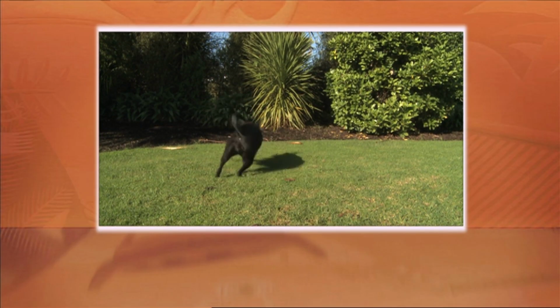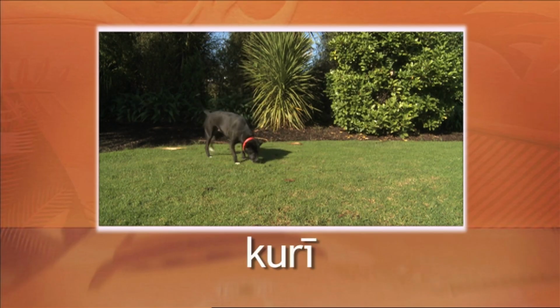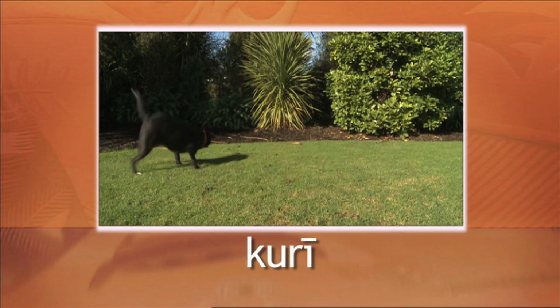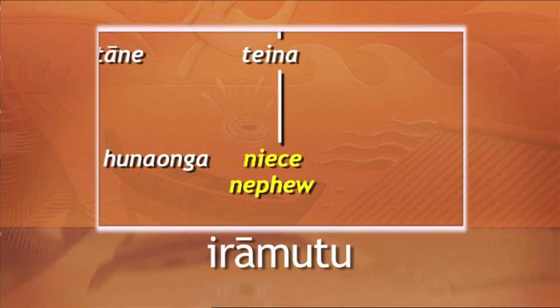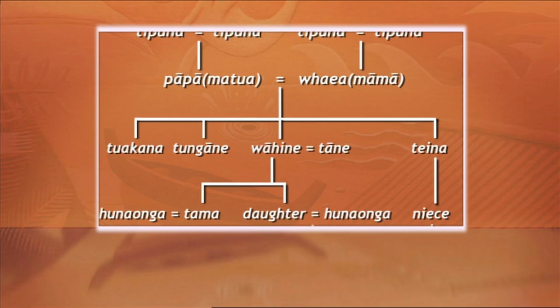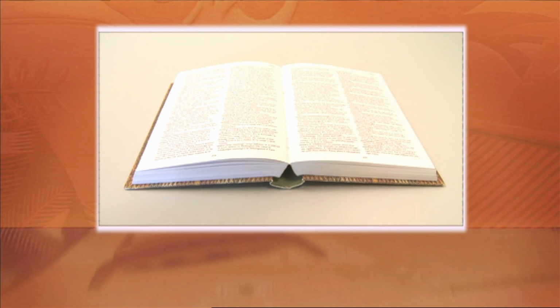Kuri, dog, kuri. I rāmutu, niece or nephew. I rāmutu. Whārangi, page. Whārangi.